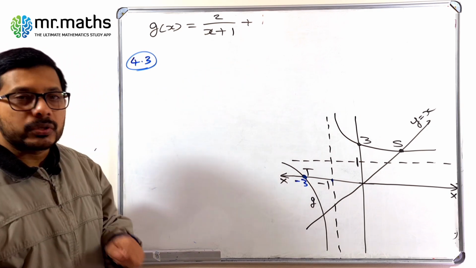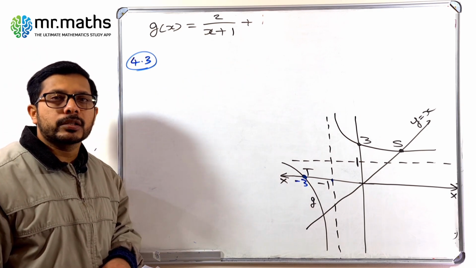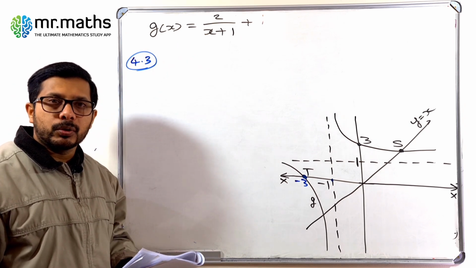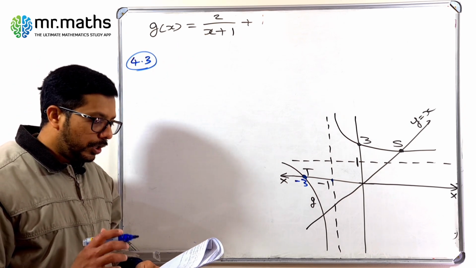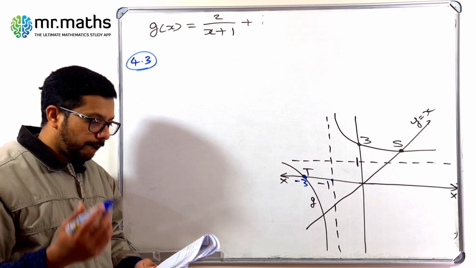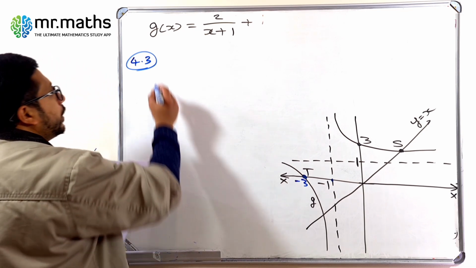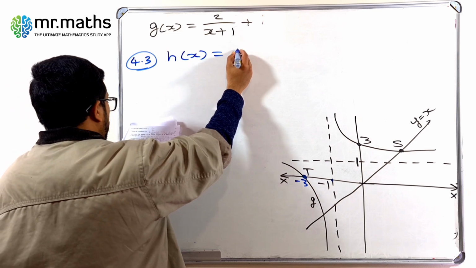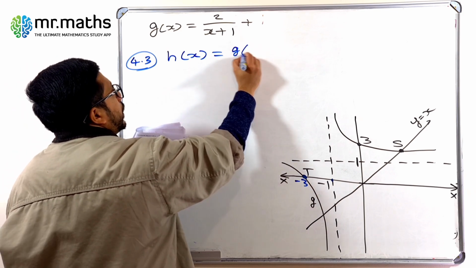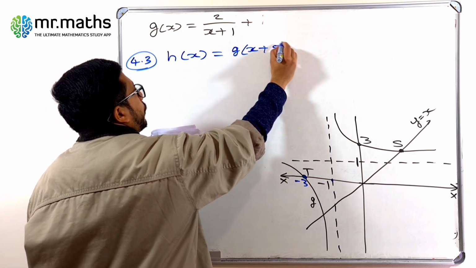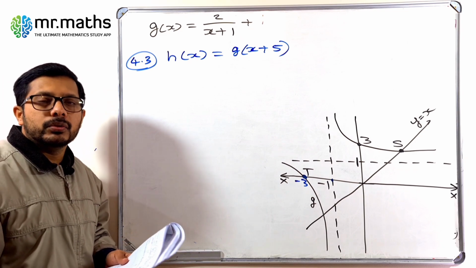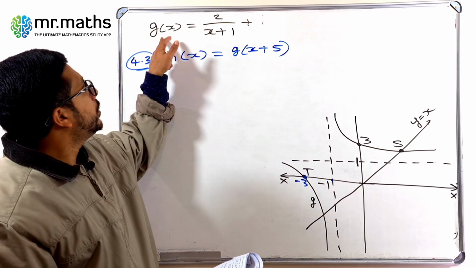Here our question is not to write the vertical asymptote of g of x. Our question is to write the vertical asymptote of h of x. Now, what is this h of x? They have given that h of x is equal to g of x plus 5. That is h of x. So g of x plus 5, this is g of x.